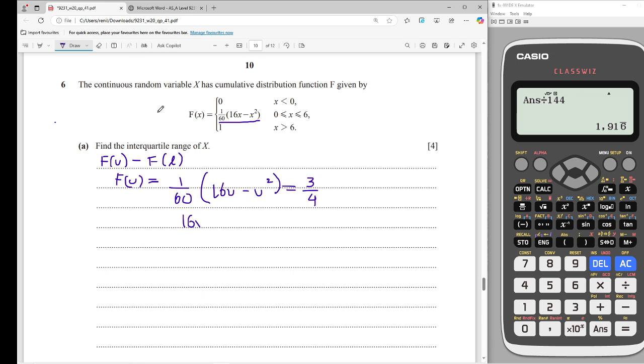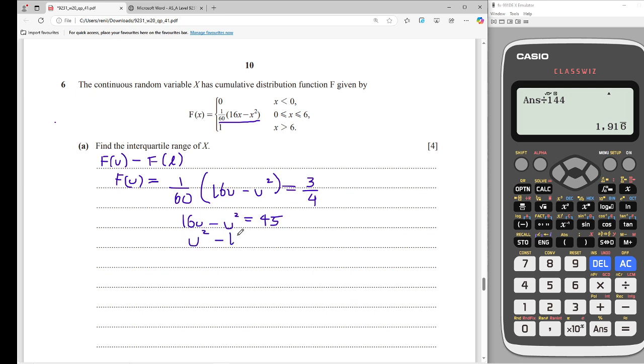The reason we put u is because we're plugging in each value of x with u. 16u minus u squared equals 45. And now I would like my polynomial with the highest degree as positive, so I'm going to put this in as u squared minus 16u plus 45. Essentially all I did was bring all the terms to the right, and this will equal 0.